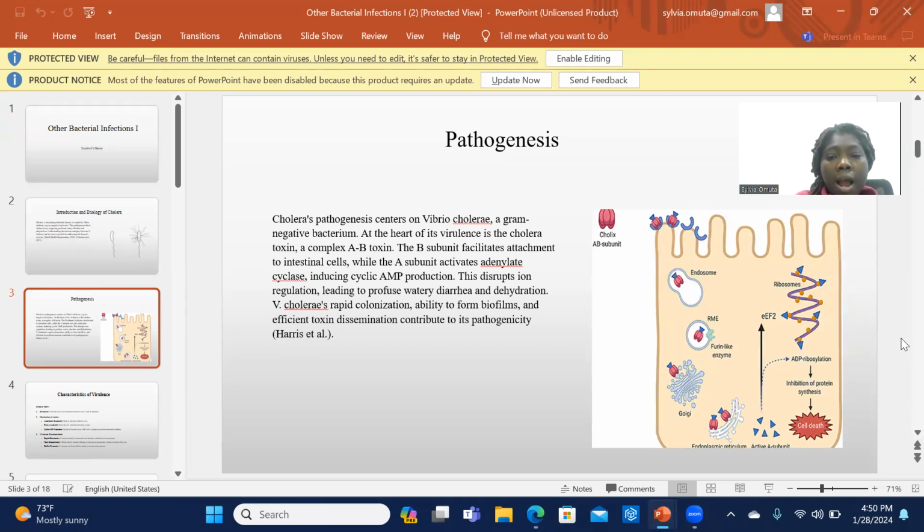This disrupts ion regulation, leading to profuse watery diarrhea and dehydration. V. cholerae's rapid colonization, ability to form biofilm, and efficient toxin dissemination contribute to its pathogenicity. Harrison et al.